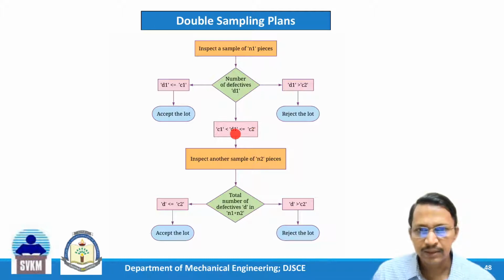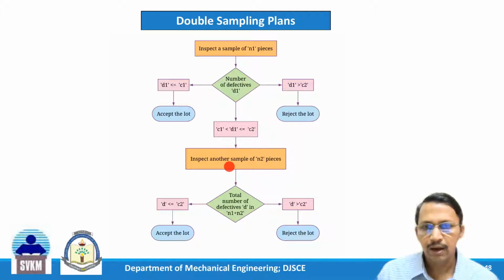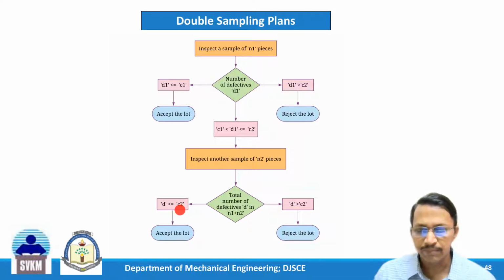In this case, inspect another sample of N2 pieces. You take the second sample consisting of N2 pieces and inspect it. Now the total number of defectives in both N1 plus N2 is D. If D is less than or equal to the acceptance number for the second sample, that is C2, then accept the lot.